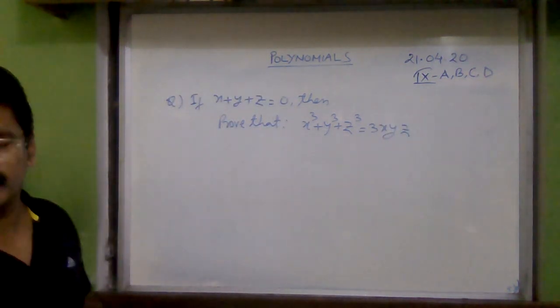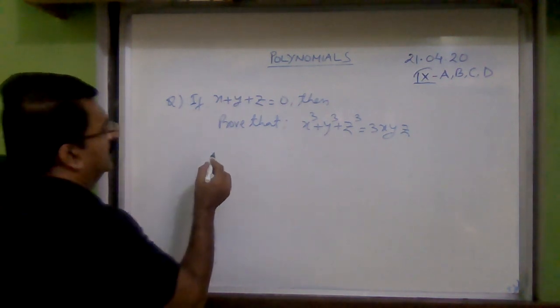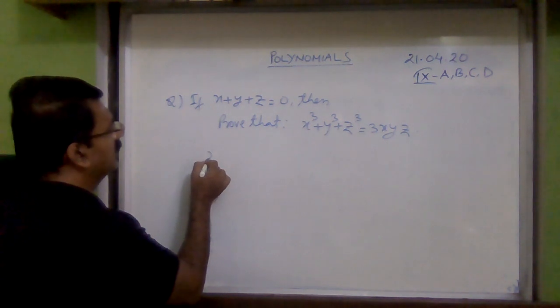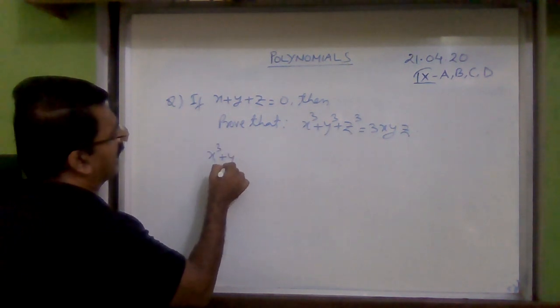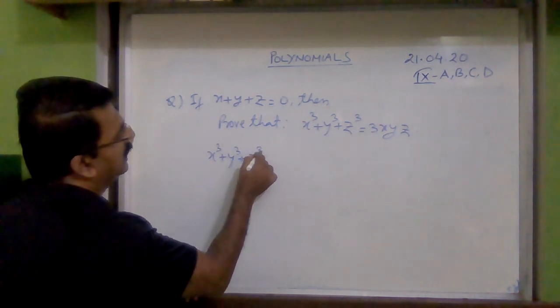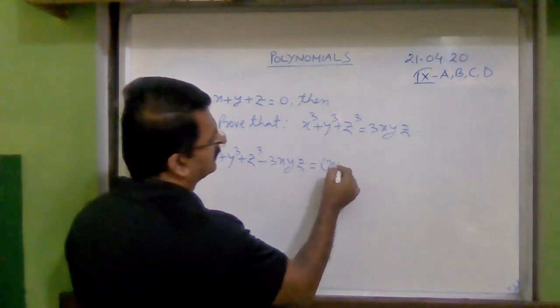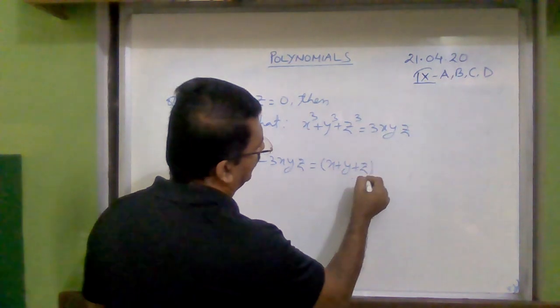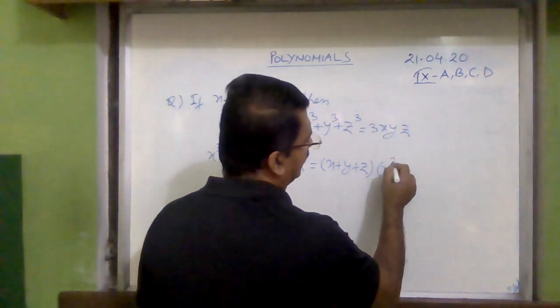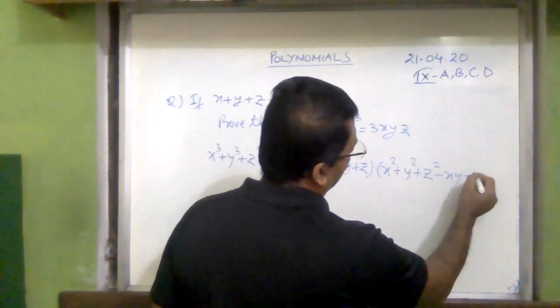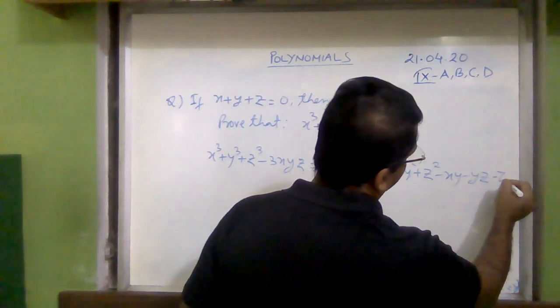To do this question, you just recollect the last identity that I have told you, which is x cube plus y cube plus z cube minus 3xyz is equal to (x plus y plus z) in one bracket, and in the other bracket it is (x square plus y square plus z square minus xy minus yz minus zx).